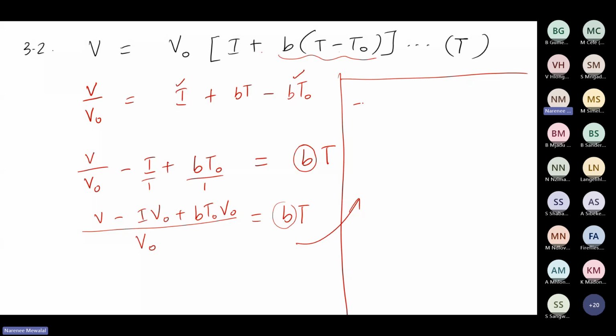So I can say T is equal to V minus I V naught plus B T naught V naught over V naught divided by B over 1, which is the same thing as multiplying by 1 over B, exactly as I did in the previous one.